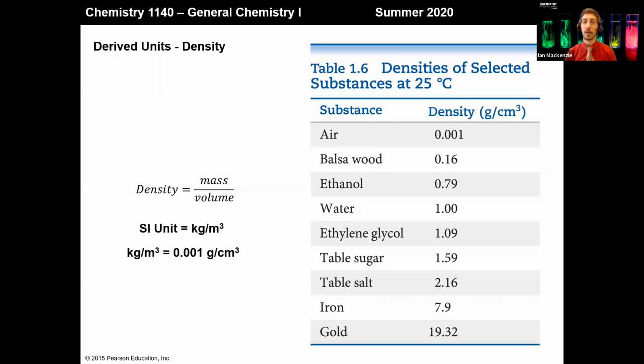So this would be 0.001 grams per centimeter cubed. But something like water has a density of 1 gram per centimeter cubed. Gold is certainly much more dense at 19.32 grams per centimeter cubed. And you'll often see units reported as grams per milliliter as opposed to grams per centimeter cubed because milliliters and centimeters cubed are the same thing.